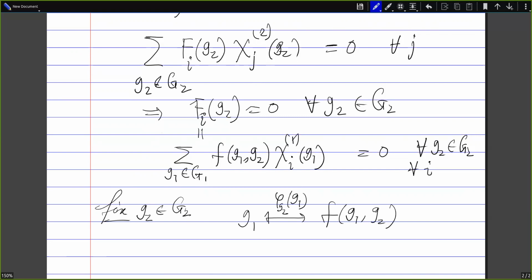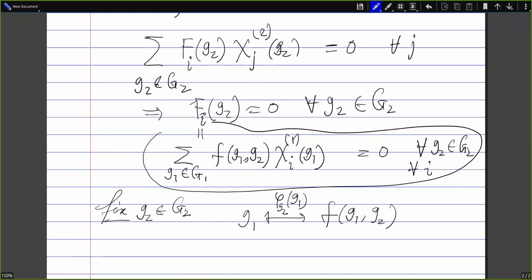Now, once we introduce this new function, the above condition just says that the sum over g1 of phi_g2(g1) chi_i(g1) conjugate is 0 for all i.